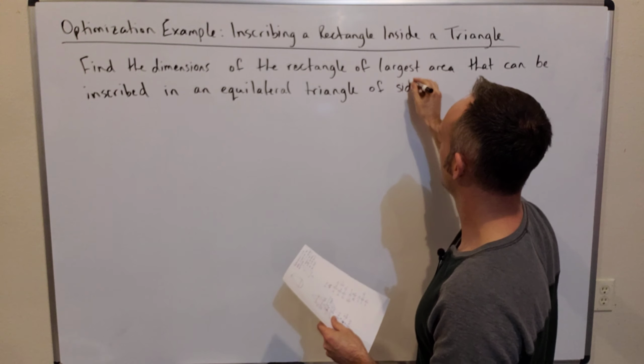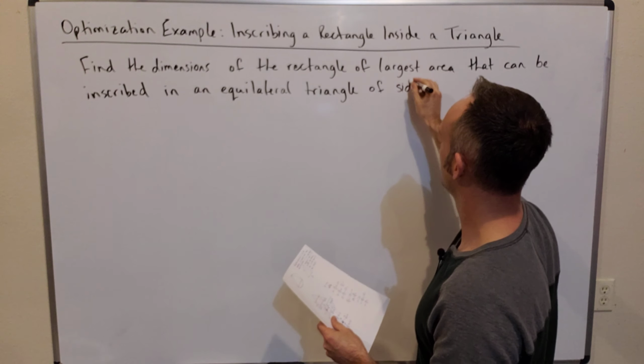So we're inscribing a rectangle in an equilateral triangle of side length L, and we want to maximize the area of the rectangle if one side of the rectangle lies on the base of the triangle.